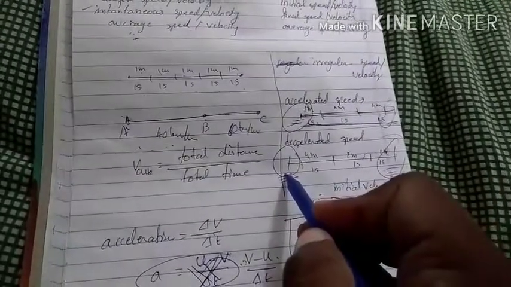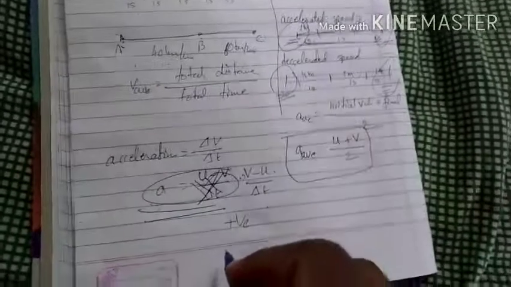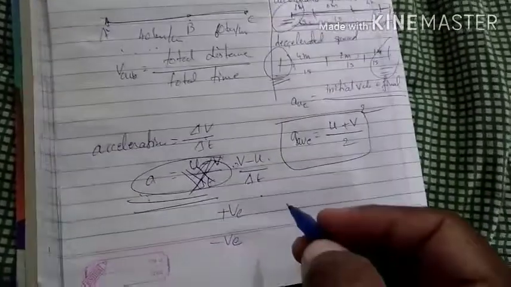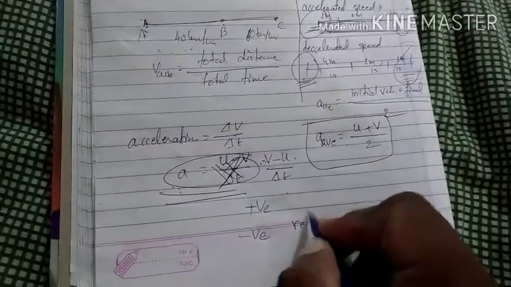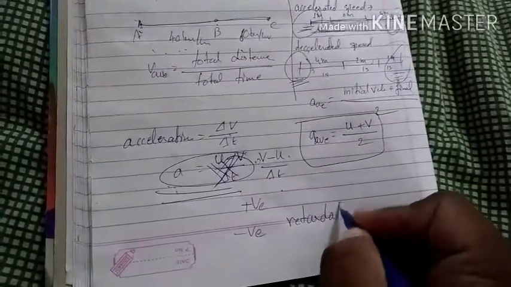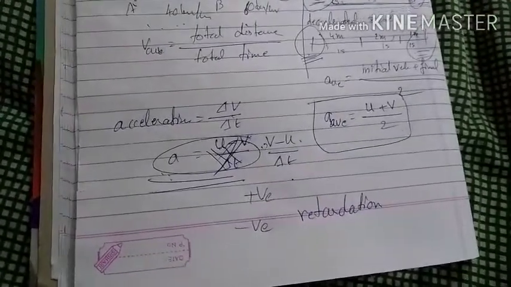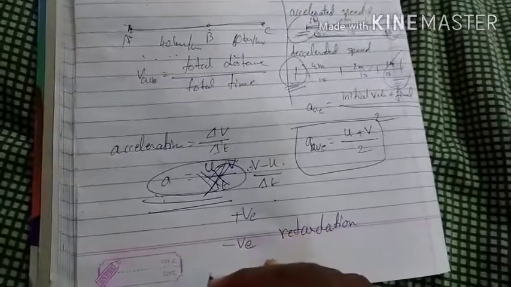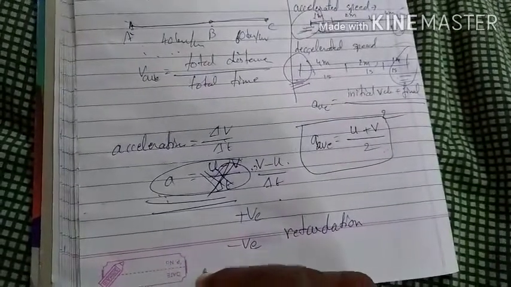Initial velocity is large, and this time the acceleration we get is negative. It is called retardation.